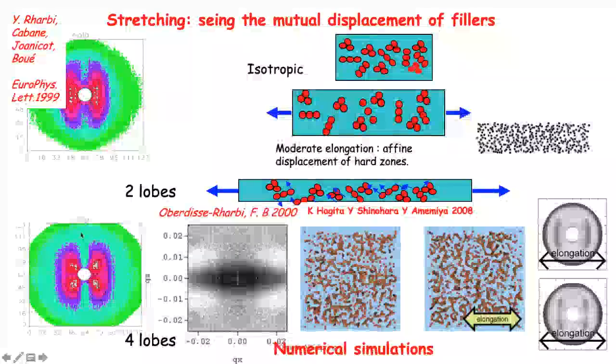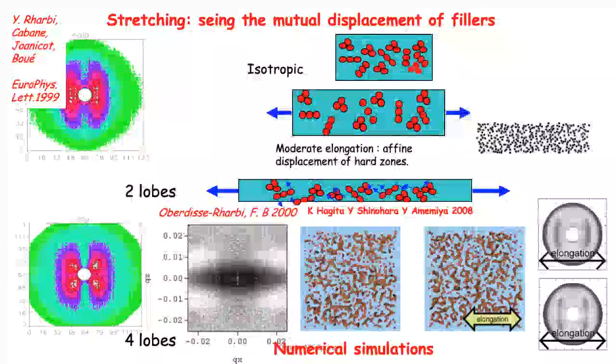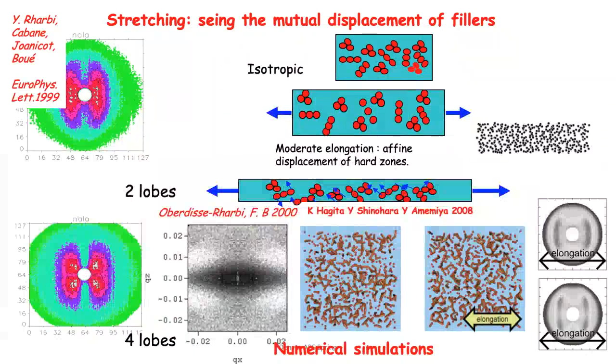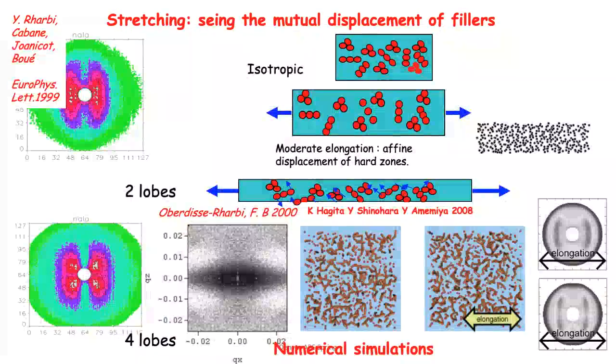get four lobes, okay? And in this case, you have to introduce an additional effect, which we attributed to the fact that when you shrink your sample in the transverse direction, the different clusters of particles are forced to hit together, and they must rearrange by sliding with respect to each other.